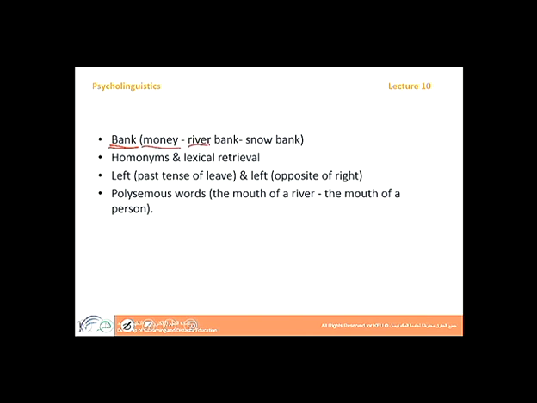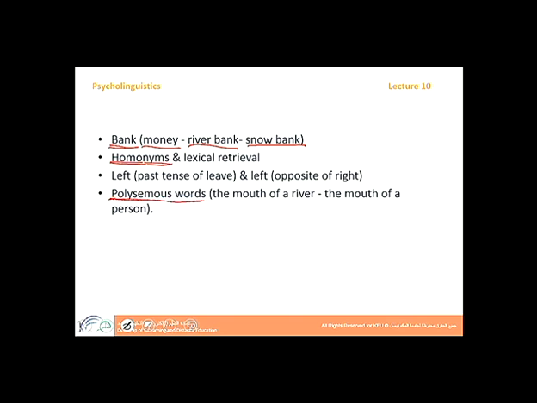It could be the river bank. When you have a river, you have two banks. Snow bank also, when it snows, you have a bank. So we have many meanings for the same word. We either have homonyms or polysemous words.